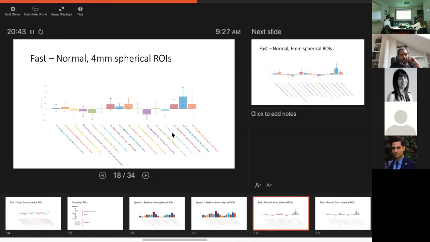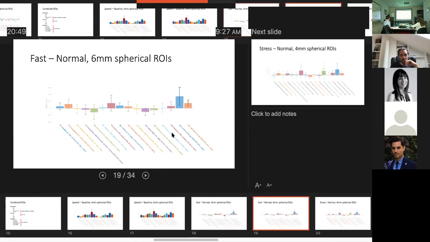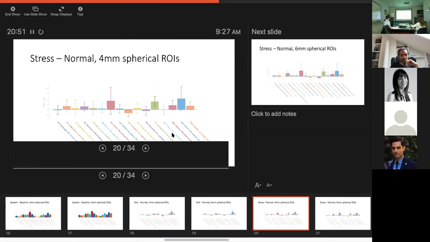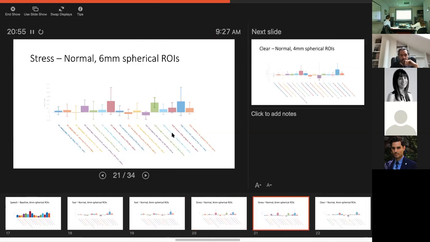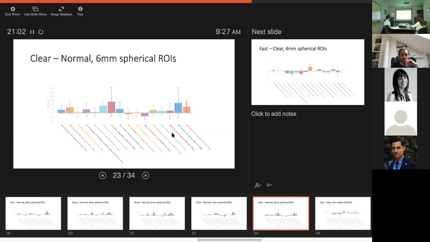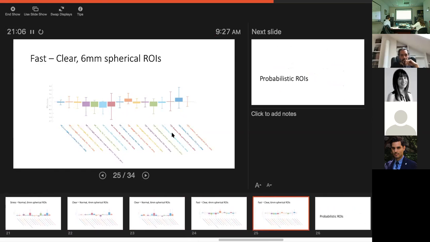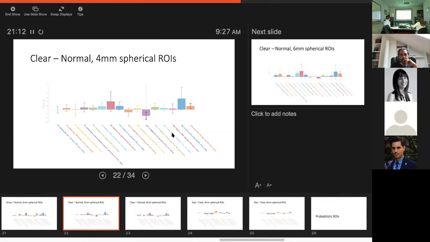Then fast minus normal, stress minus normal, clear minus normal, and fast minus clear. So none of the speech contrasts reach significance.